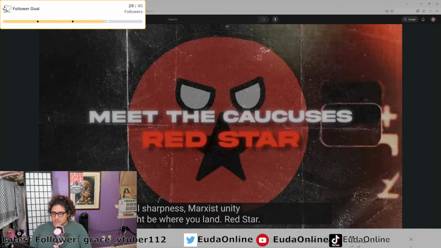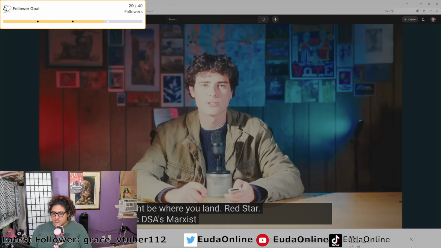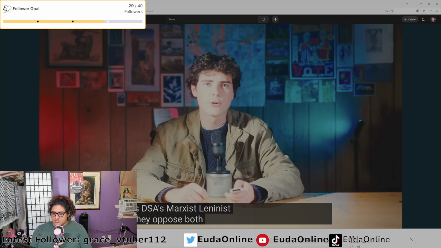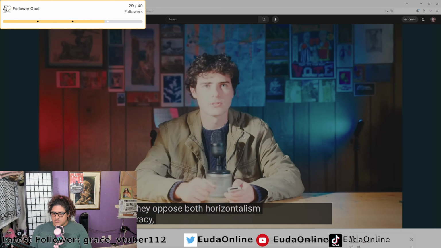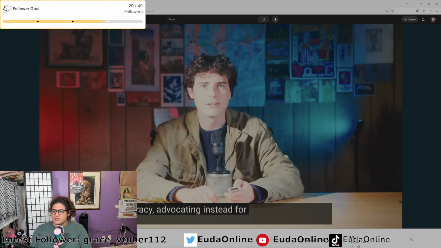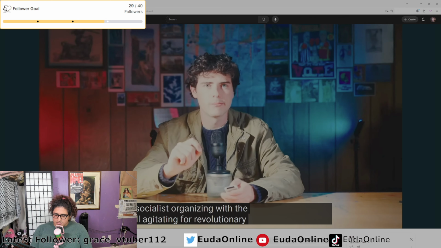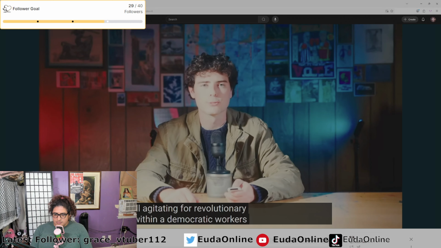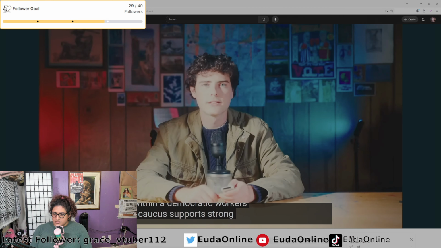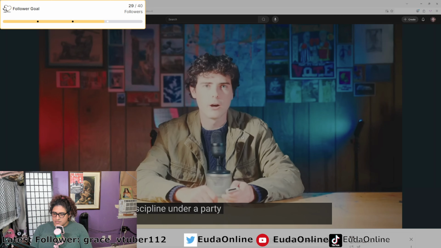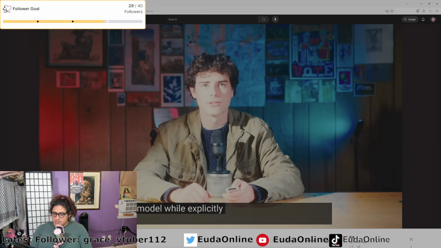Red Star. Red Star is DSA's Marxist-Leninist caucus. They oppose both horizontalism and autocracy, advocating instead for big tent socialist organizing, with a central pole agitating for revolutionary Marxism within a Democratic Workers' Party. The caucus supports strong elected discipline under a party surrogate model while explicitly opposing third campism.